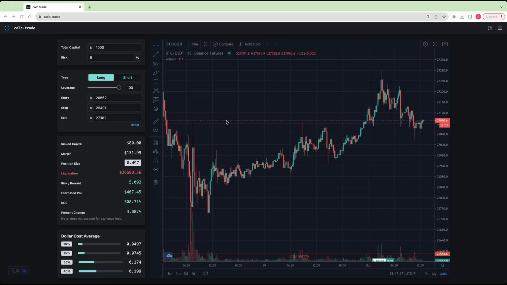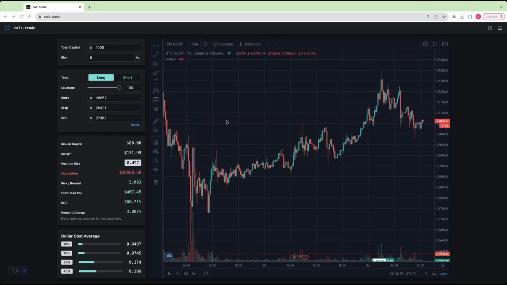If you use cross mode, it takes into account what you've got in your complete balance, right? So theoretically, if you didn't have a stop loss, yes, you can get liquidated for the entire amount of your account. But because we're using stop losses, that's why it's irrelevant. That's why you just put cross mode, you put 100x leverage or whatever the maximum leverage is. That's to make sure that you don't get liquidated before you stop out.